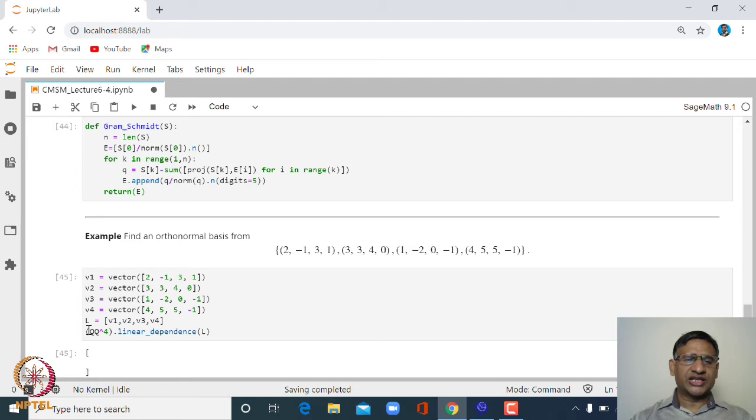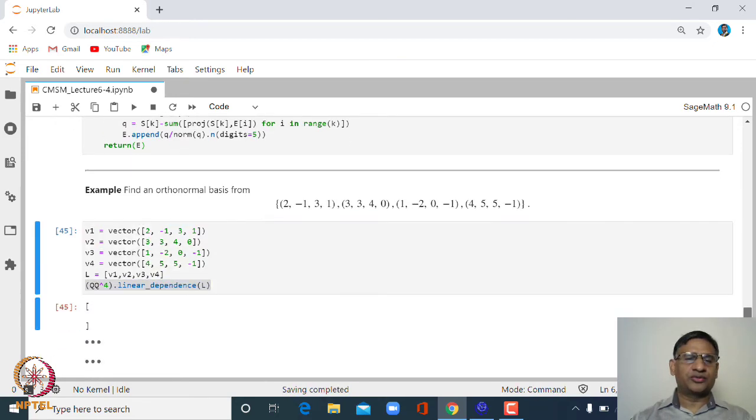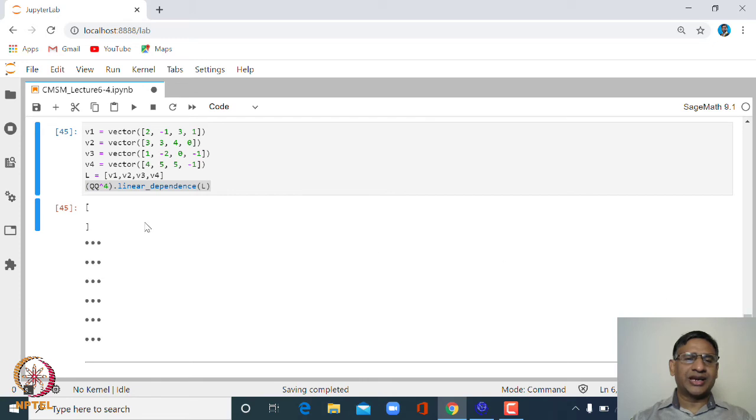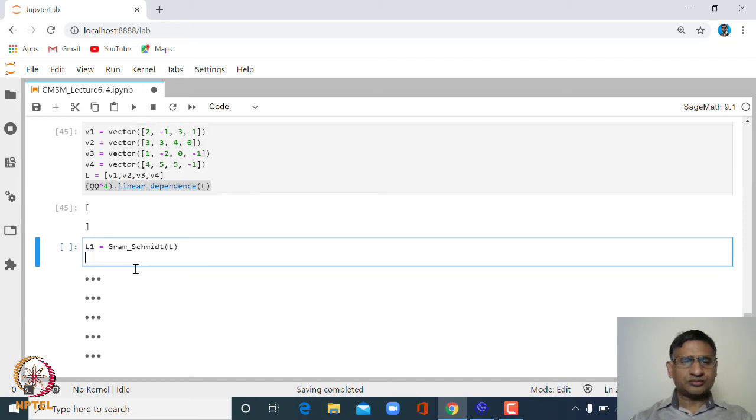We can check that this set of vectors v1, v2, up to v4 is linearly independent, and hence it forms a basis of Q4. Now let us call this Gram-Schmidt function which we have created and apply it to the set of vectors L, and what we obtained is again a list of vectors L1, and so this is what we obtained.